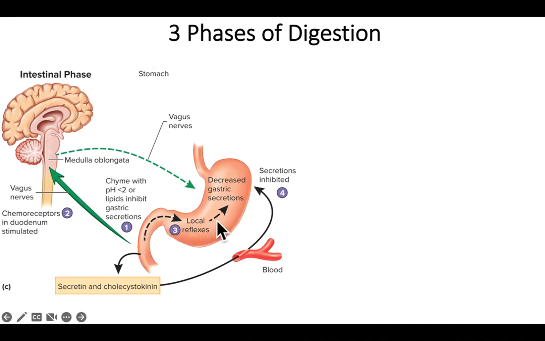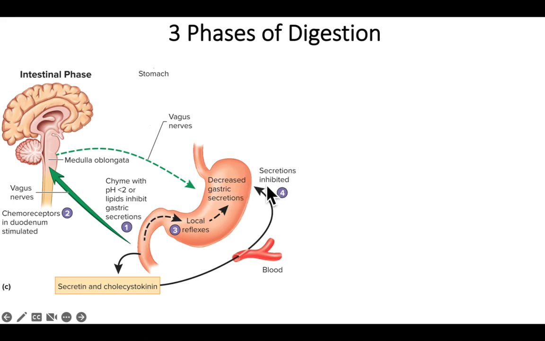All right, so remember, when chyme enters the small intestine, the small intestine is going to start to tell everyone, hey, now the material is inside of me, so you guys need to help me out and help me to do my thing, which is going to involve the liver, gallbladder, and pancreas. But at the same time, these hormones known as secretin and cholecystokinin are going to inhibit the stomach.